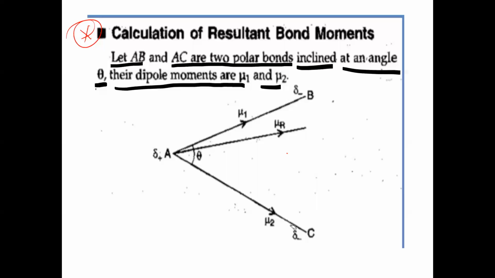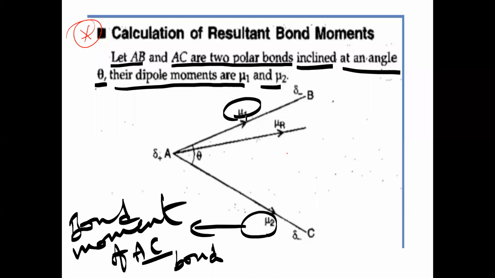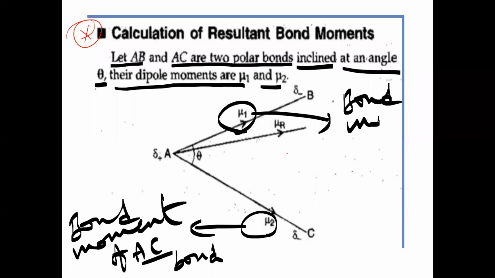For the AC bond, the bond moment is mu2, called the bond moment or dipole moment of the AC bond. And mu1 is called the bond moment of the AB bond.